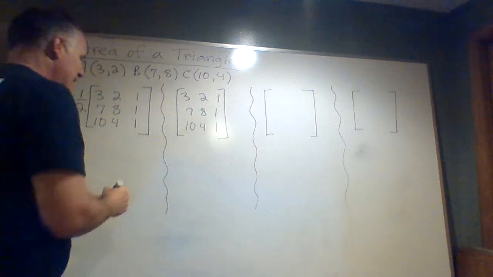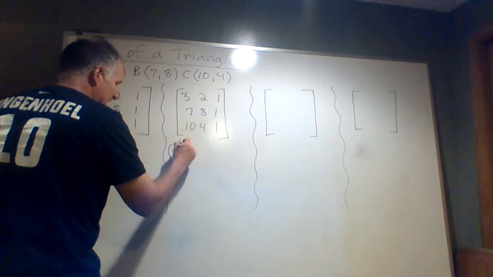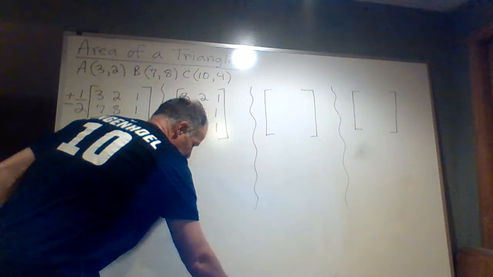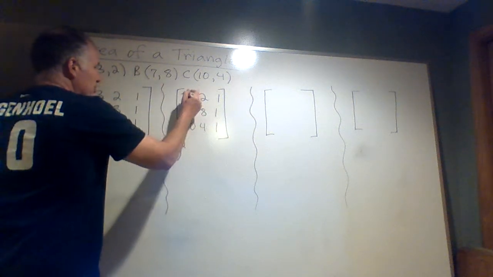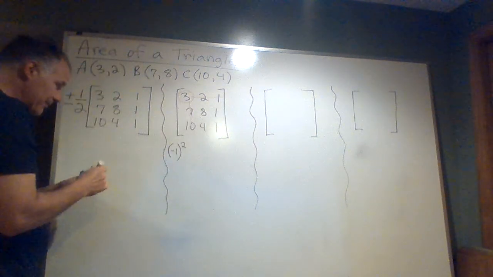Okay. Now, if you remember, we start with -1 squared on the first one. And then remember what we do. We circle this first term and cross out the row and the column.